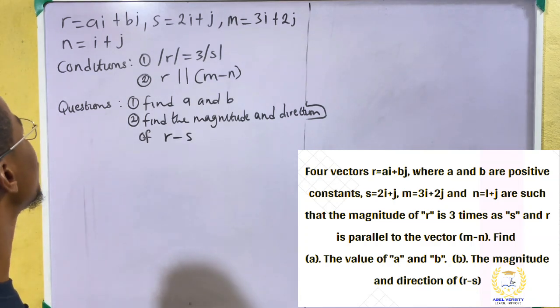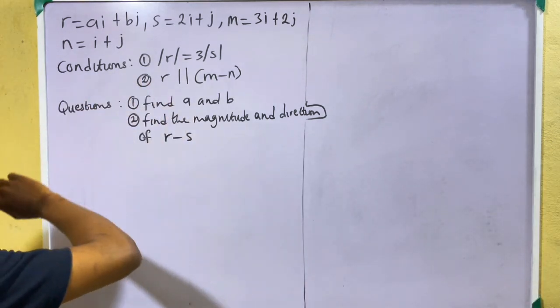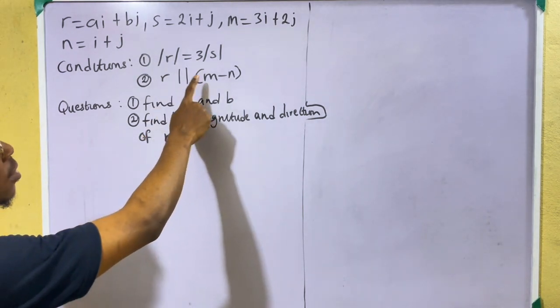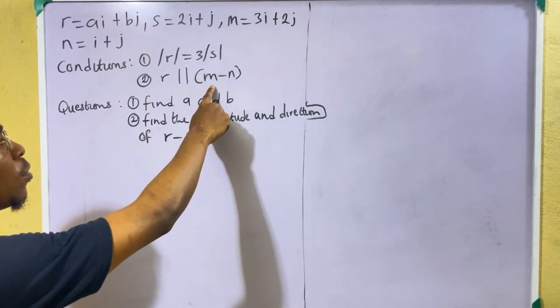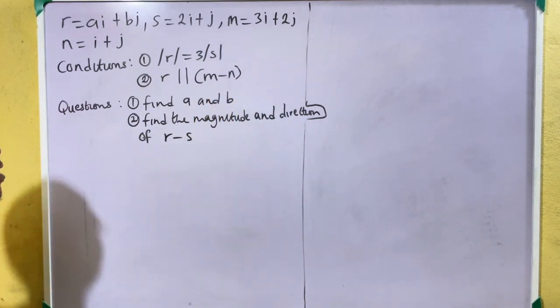So the first thing we have to do here is to observe the conditions. They say that r is parallel to m minus n. But first of all, what is m minus n? What's the vector difference there?